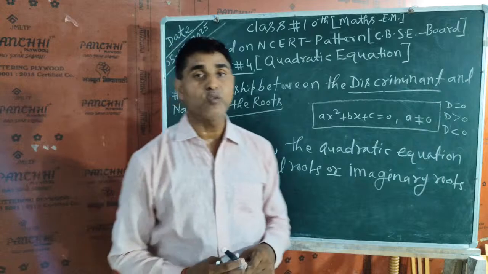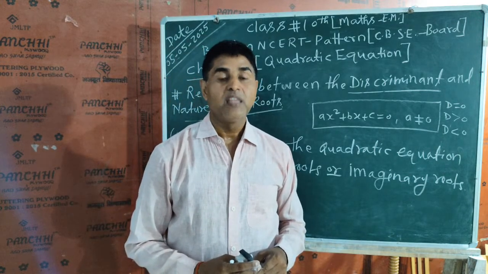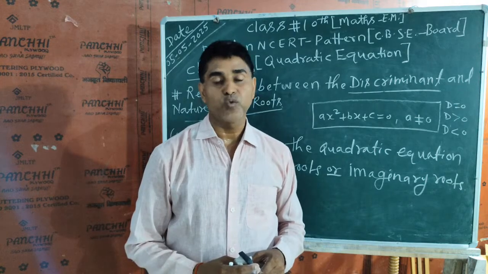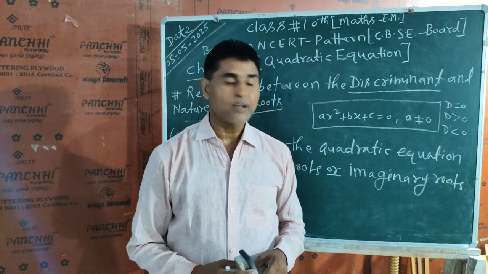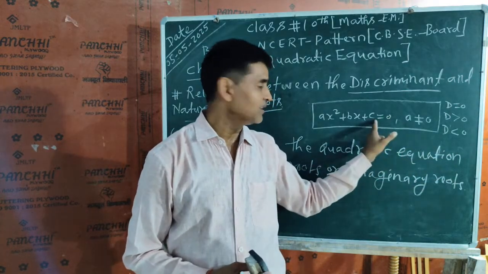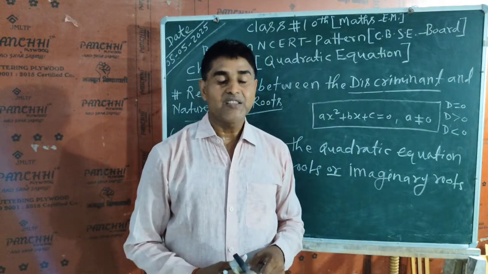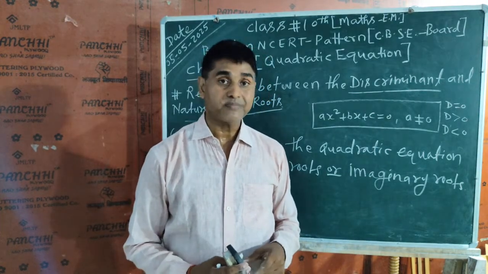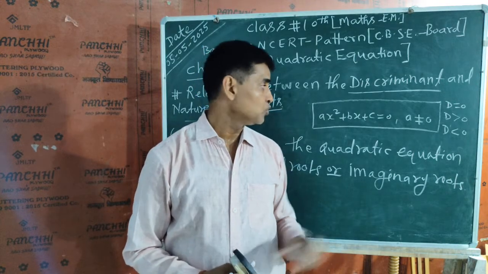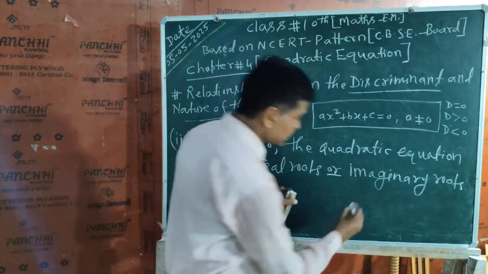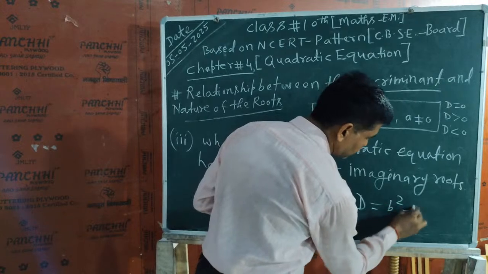Only we have to calculate the value of D, that is the value of the discriminant D, that is written as b square minus 4ac, where a is the coefficient of x square, b is the coefficient of x, and c is the constant term in the quadratic equation. Okay student, so if the question in the exam gives a quadratic equation and asks to find the value of the discriminant, we can write the discriminant equal to b square minus 4ac.